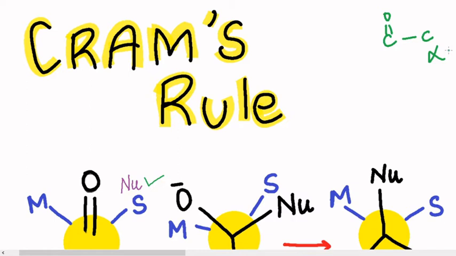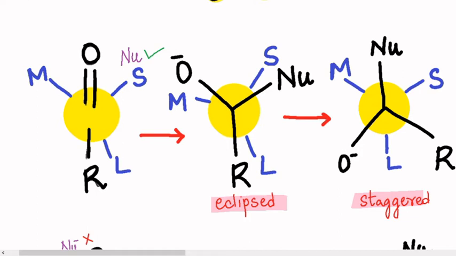As you can see on the screen, we have a reaction. What is this projection? This is Newman's projection, right? And here Nu is not Newman, it is a nucleophile.